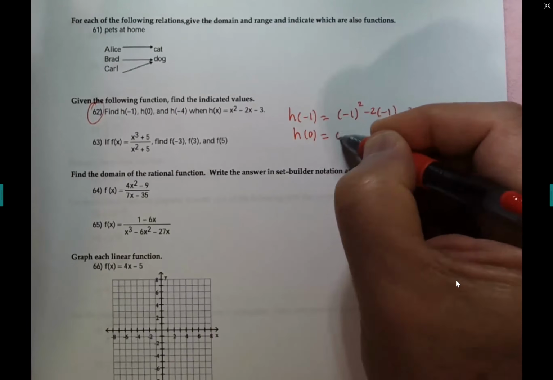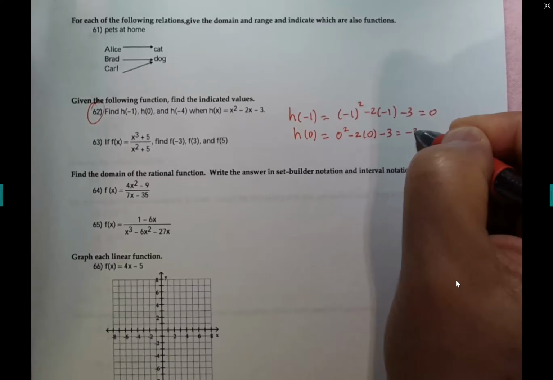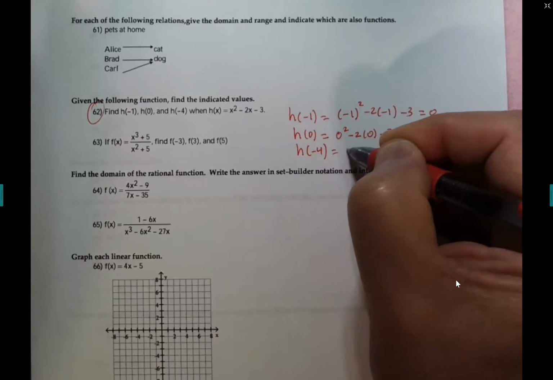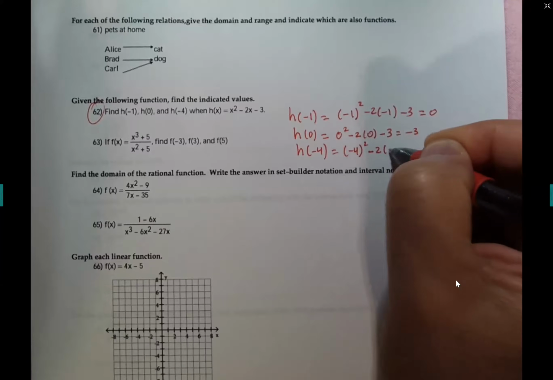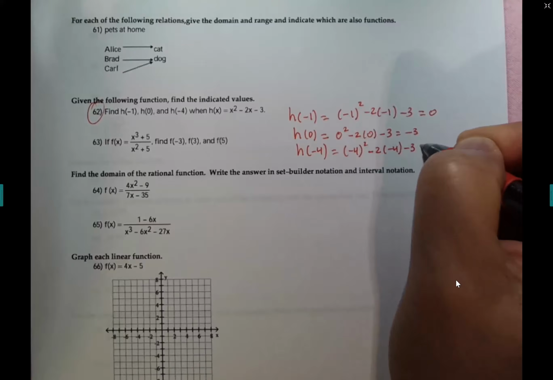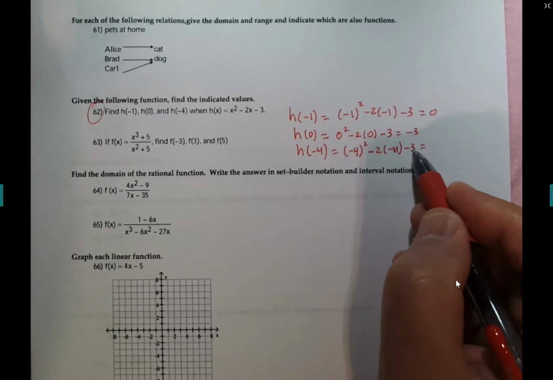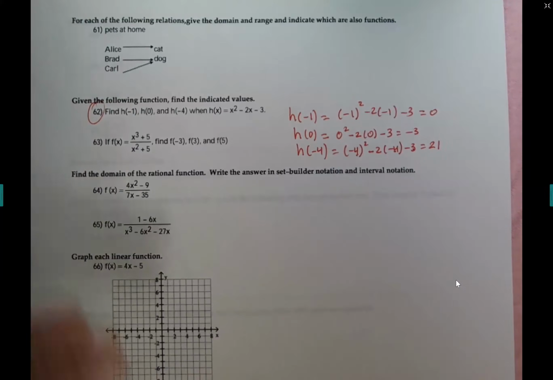So it will be 0 squared minus 2 times 0 minus 3, which is -3. H of -4, plug in x equals -4. That would be 16 plus 8. 24 minus 3 is 21.